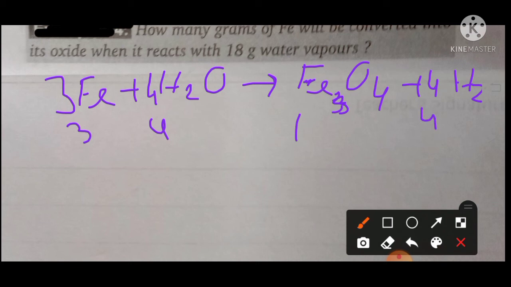Okay, how many grams of Fe will be converted into its oxide when it reacts with 18 gram of water vapor? We convert the iron and water vapors into gram. 3 mole of iron converted into grams is 3 multiplied by atomic weight.